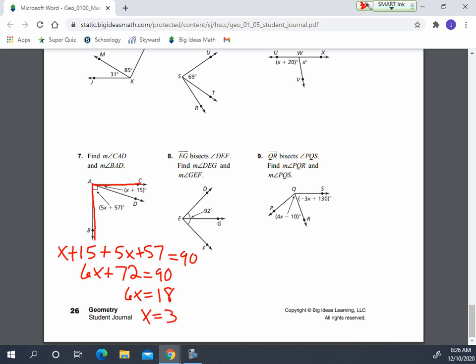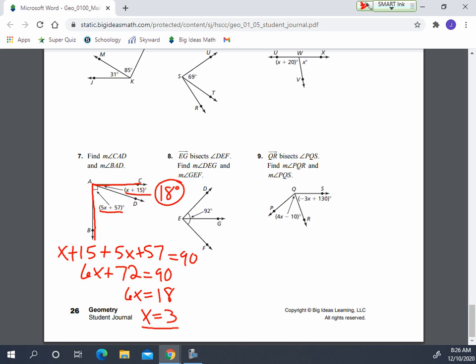A lot of people think they're done. Okay, they haven't even answered the question. They just found x. We have to find CAD and DAB. So we have to plug in what we got here into this equation and into this equation. Okay. CAD is 3 plus 15, that is 18 degrees.